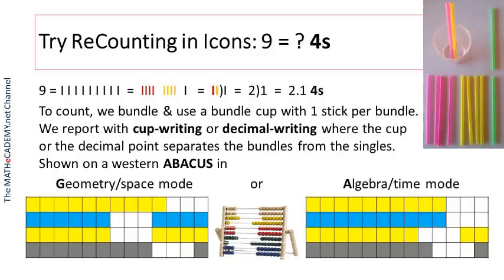In geometry mode, we place the singles on the bottom line, and on the lines above, we place the stack of bundles. In algebra mode, we place the singles on the bottom line, and on the line above, we place the number of bundles. In algebra mode, we reserve the next line for the number of bundles, etc.